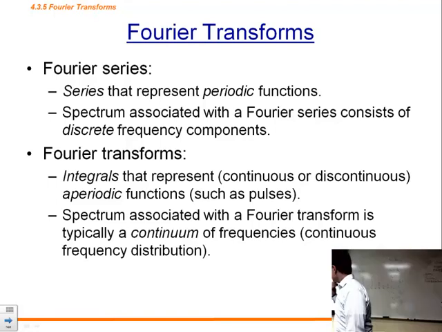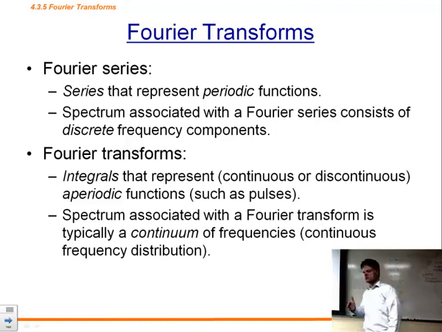So the Fourier transform is a continuous version of the Fourier series. In the Fourier series, you got a discrete sum of things. Well, we're now going to make this a continuous sum of frequencies. And a continuous sum is an integral. So usually when we go from the discrete case to the continuous case, we've seen that before.